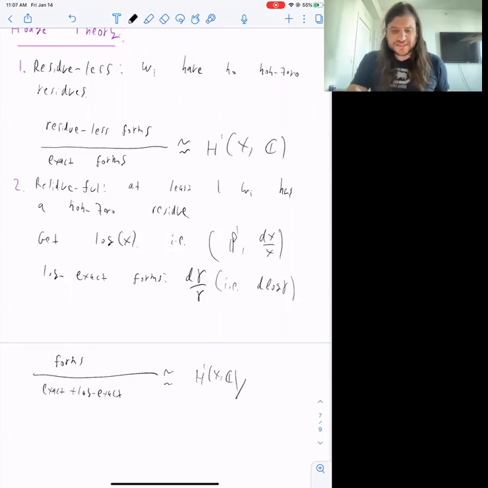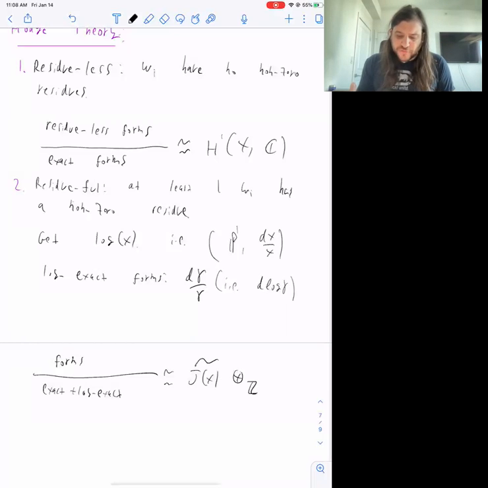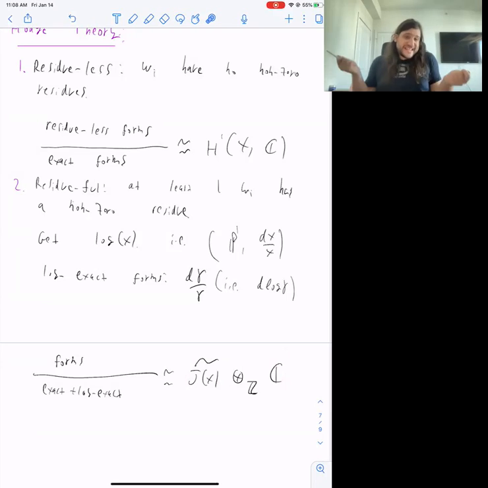Let me write it this way. What you get is the universal cover of the Jacobian of X, which is some finite dimensional vector space, as we saw, tensor over Z with C. So you get some huge abelian group. This is a finite dimensional vector space, but we're tensoring over the integers to the complex numbers. So it's some huge abelian group, which makes sense because there are a lot of different classes here.